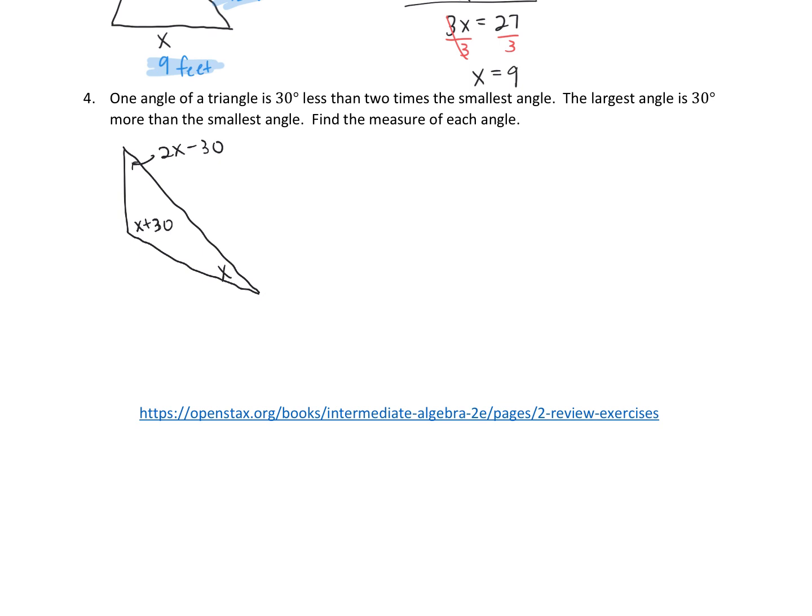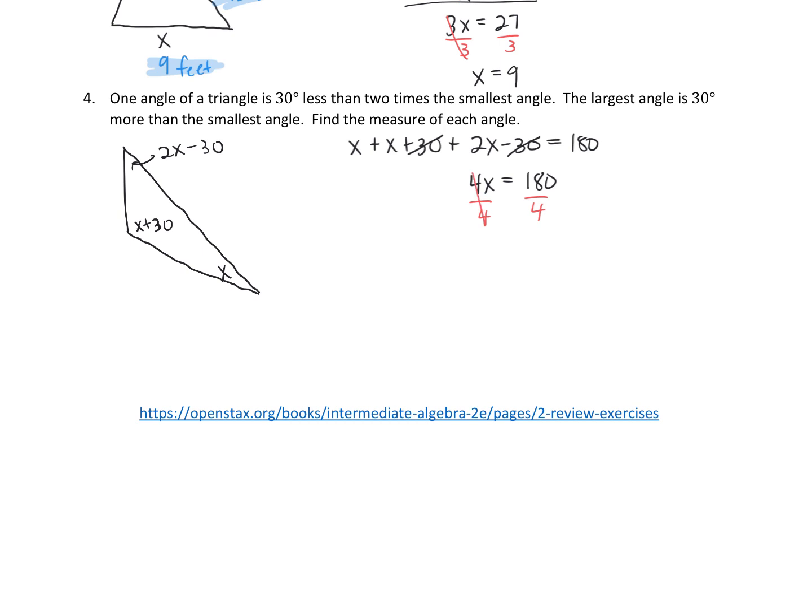So all 3 of these angle measures should add up to 180 degrees. So I'm just going to add them all up. So x plus x plus 30 plus 2x minus 30 is equal to 180. Notice that the 30 and the negative 30 cancel out. So that's going to give us 4x equals 180. So we've got to divide both sides by 4.